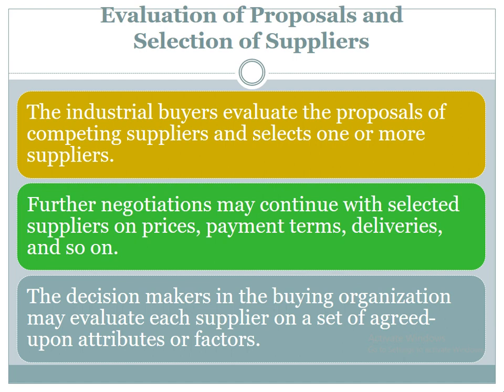The decision makers in the buying organization may evaluate each supplier on a set of agreed upon attributes or factors. Each supplier is evaluated on each attribute by giving weightage to each attribute proportionately or maybe on a rating scale basis.